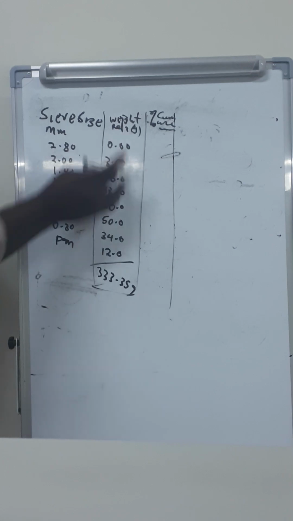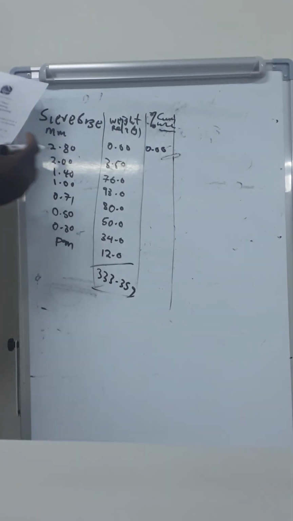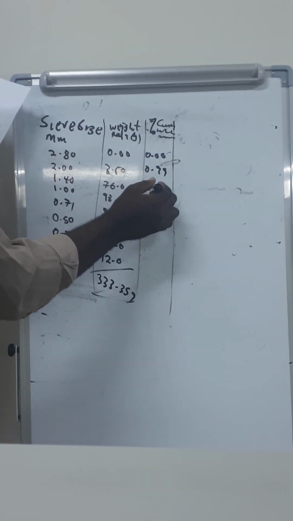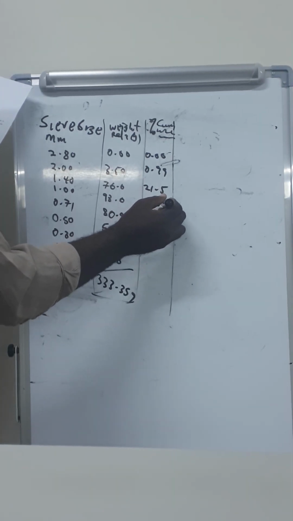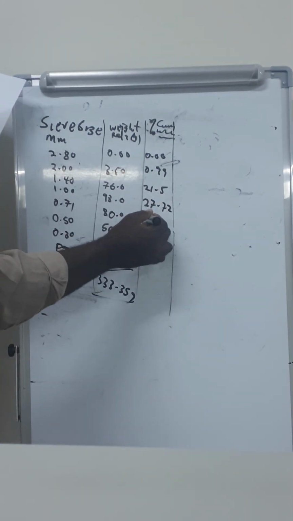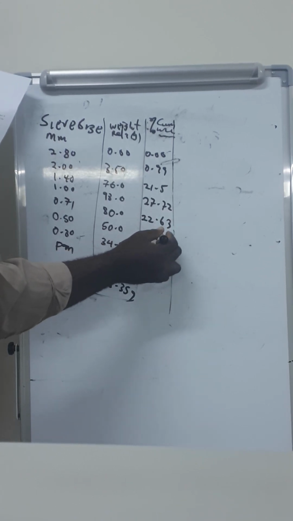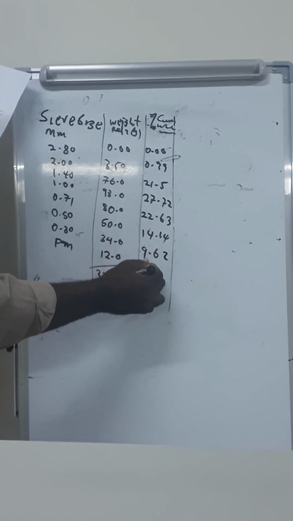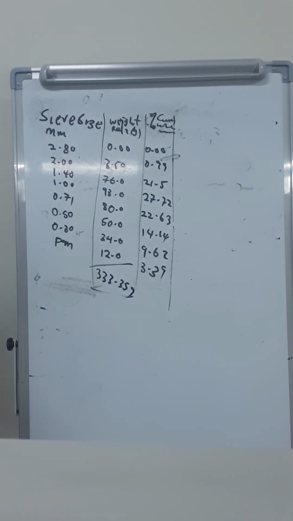Once this is done, we get 0.00, 0.99, 2.15, 27.72, 22.63, 14.14, 9.62, and 3.39. So this is the percentage cumulative weight retained.